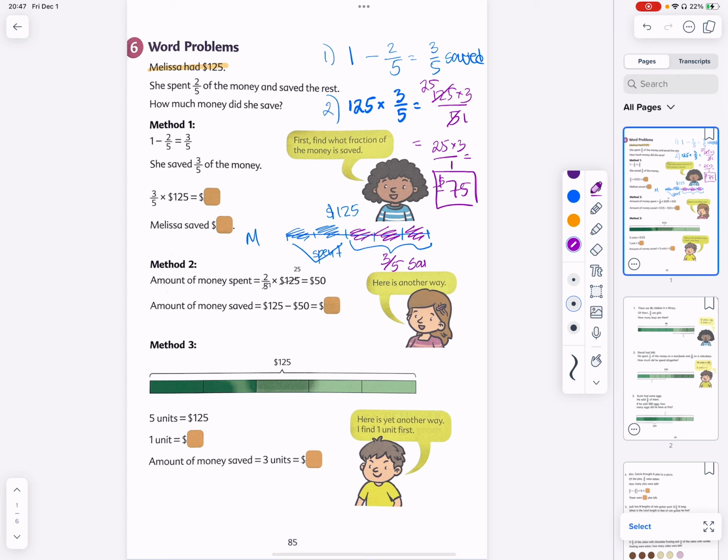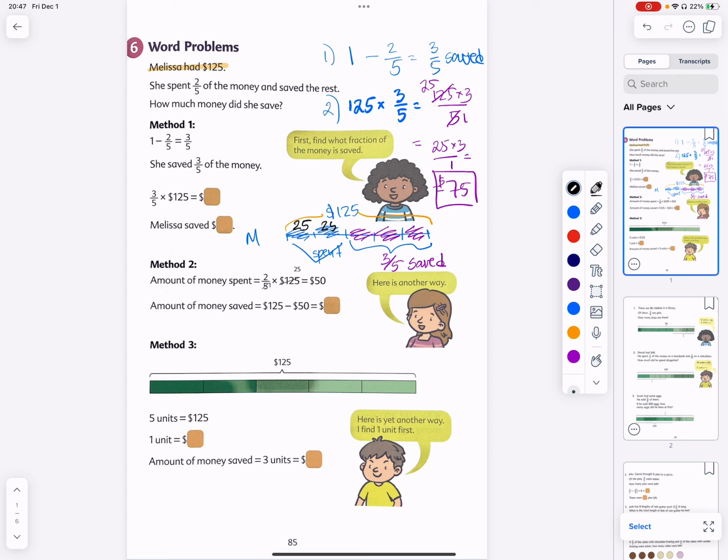3/5 were saved. Now, the next important question, if Melissa had $125 altogether spread among 5 units, how much is inside each unit? Each unit has $25.